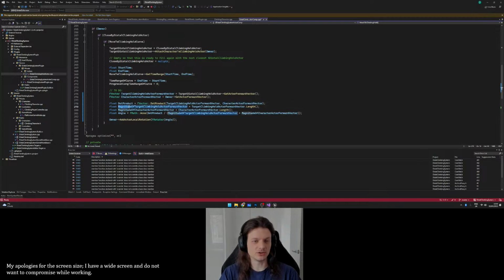Then we get the magnitude of vector, which seems a little pointless. We're getting the magnitude of the climbing hold, which I guess in this case is probably always going to be 1, or maybe even 0. I don't think there is any length to these things, so that might be where it's going wrong, right?